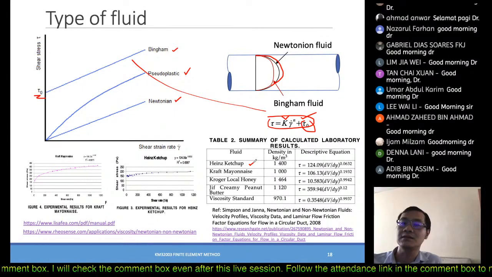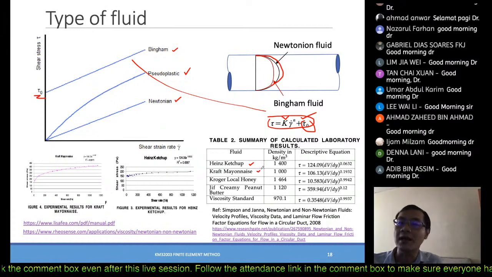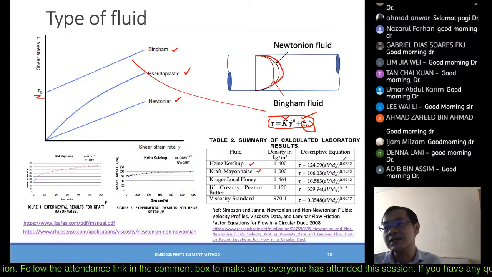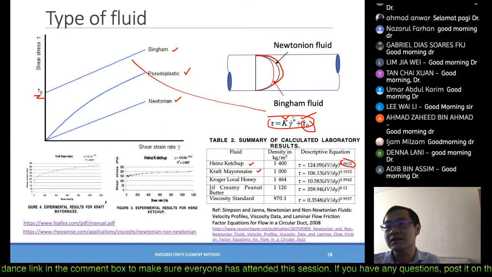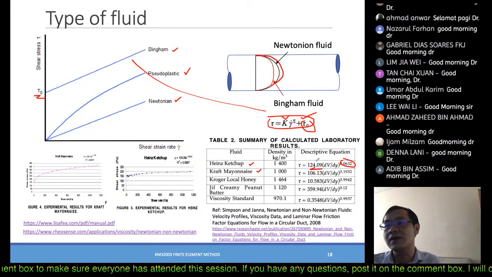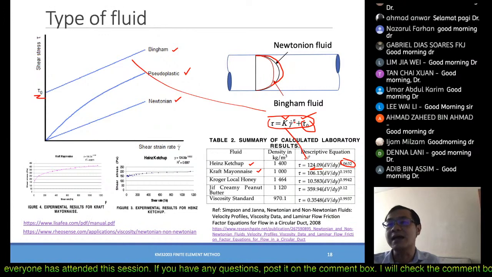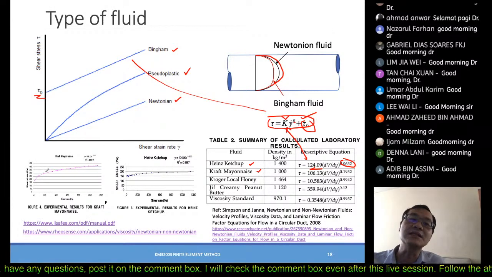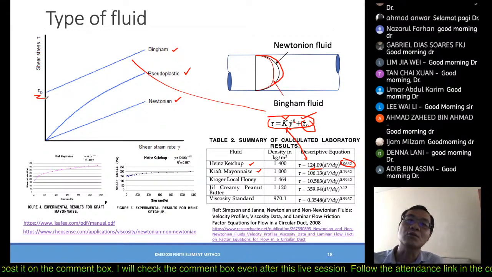So what are those non-Newtonian fluids? It can be your ketchup, your mayonnaise. Again you can see that the n value and the k value are identified through experiments, and you can see that the behavior is as what we saw in these characteristics.